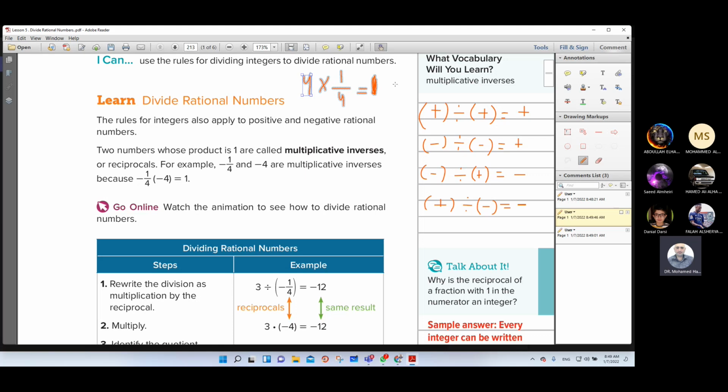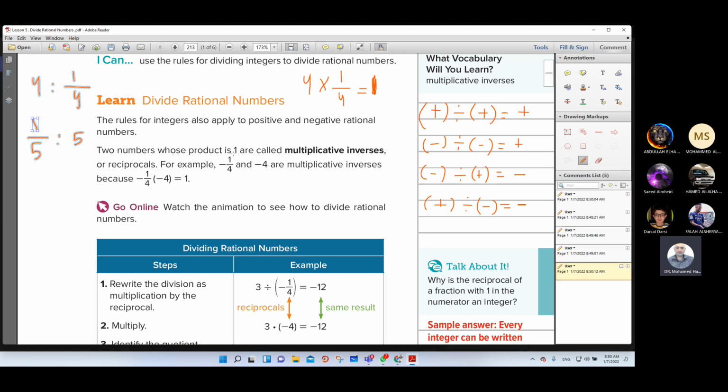The name of this property is multiplicative inverse, or reciprocals. What is the reciprocal of 4? 1 over 4. What is the reciprocal of 1 over 5? 5.